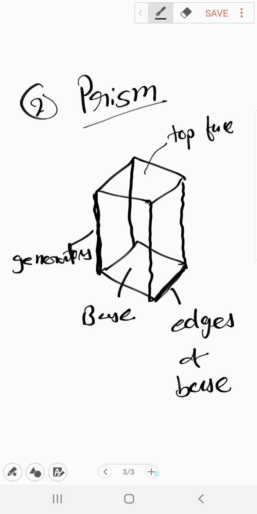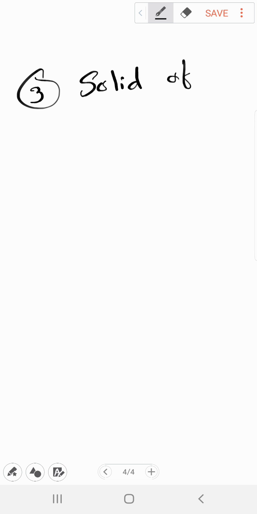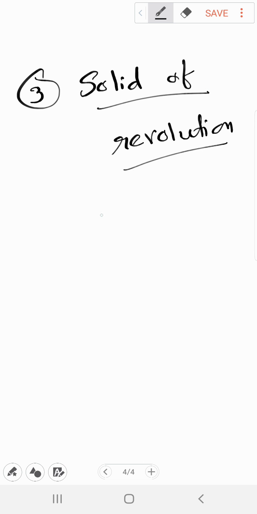Now, in the third type of solid, which we are calling solid of revolution, let's say we have a two-dimensional triangle, and this is the apex point, and if I pass a line through the apex, that is our axis.